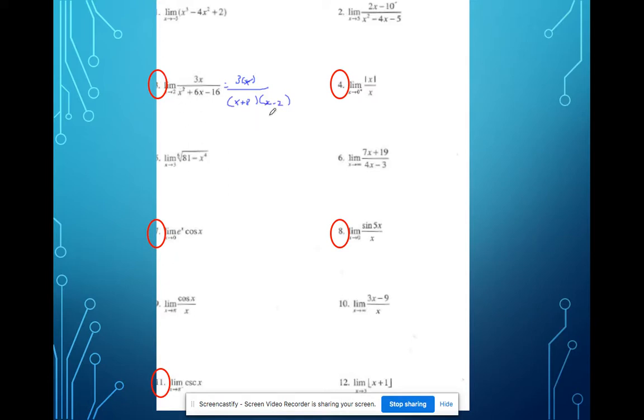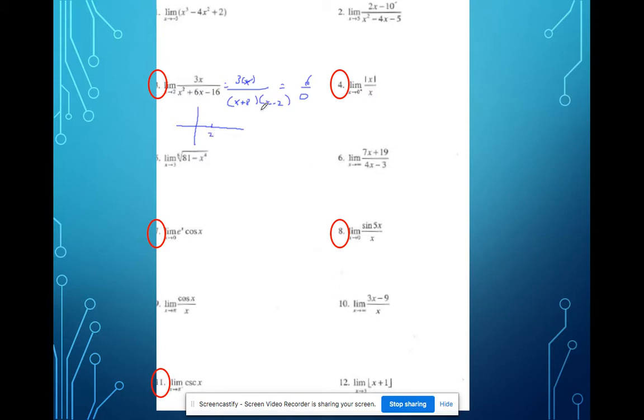Right, when I plug 2 in, 2 minus 2 is 0, so I got 6 over 0, which is obviously undefined. But remember, the function is undefined at 2, so I need to know what the graph is doing without a calculator at 2.